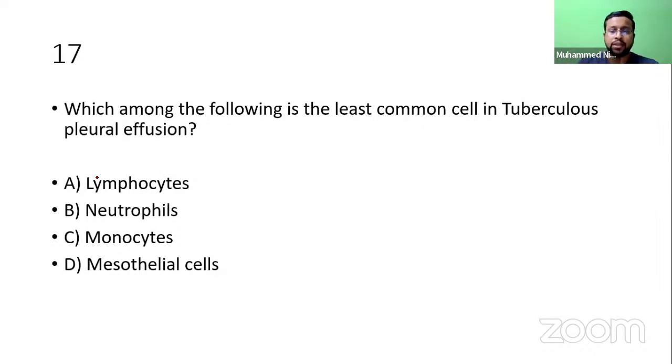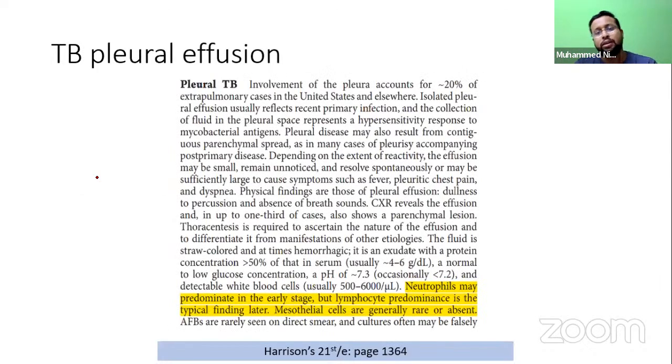What the question setter intended is to check whether you have read Harrison line by line, because this is straight from Harrison. Neutrophils may predominate in the early stage, but lymphocytic predominance is a typical finding in the pleural effusion. And then comes the statement: mesothelial cells are generally rare or absent. So that is what the examiner was possibly looking at. So the answer is mesothelial cells.